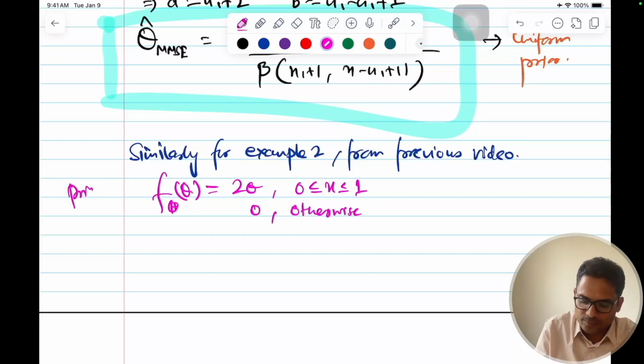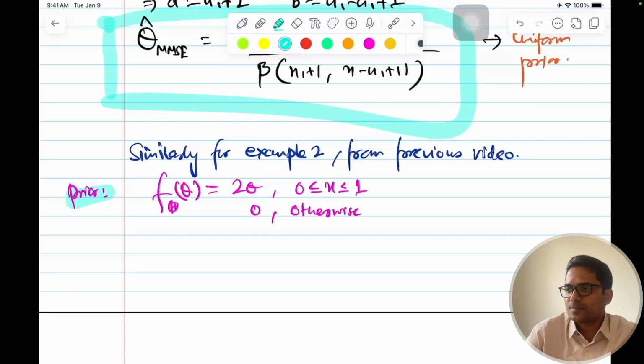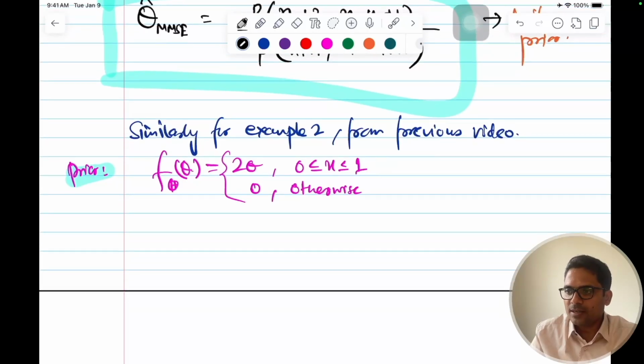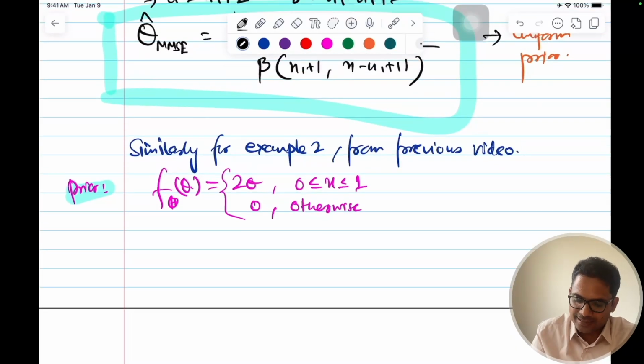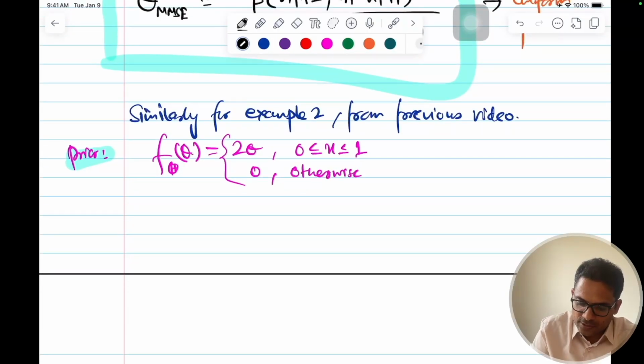This is my prior. So this was my prior earlier, same thing, and now you are seeing that this is 2 theta. So I'll just calculate the posterior quickly.